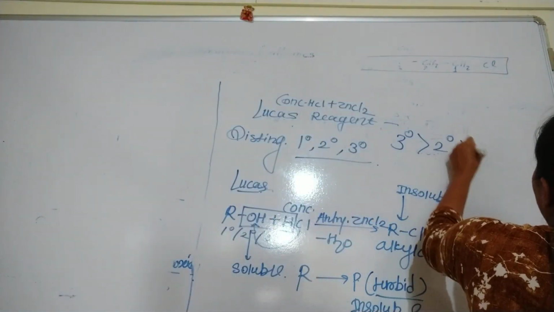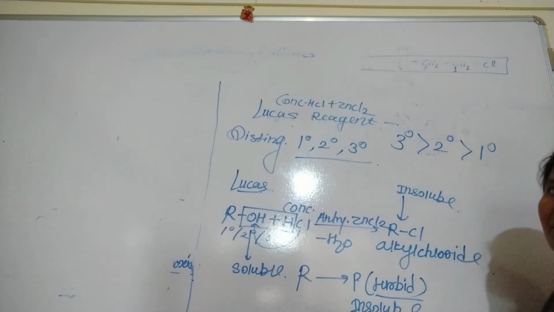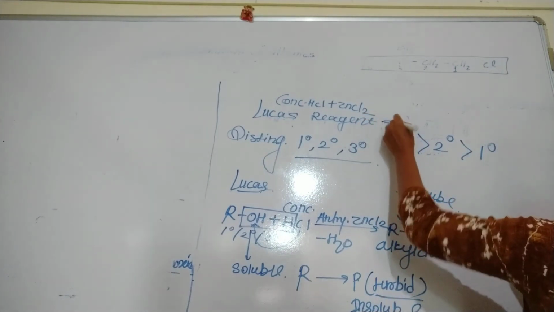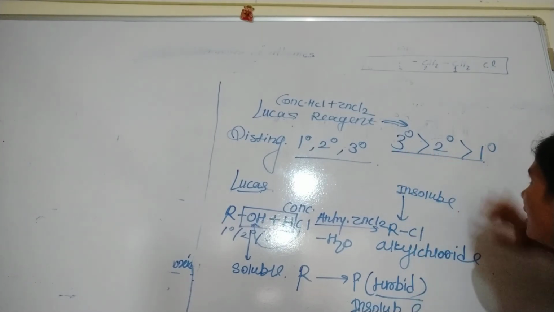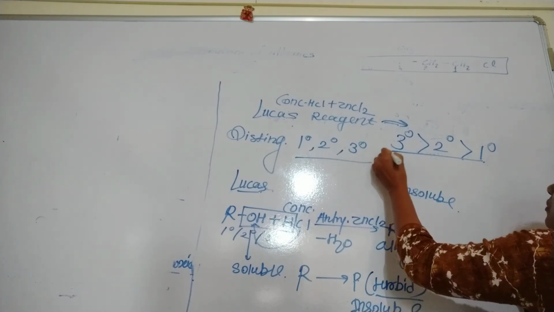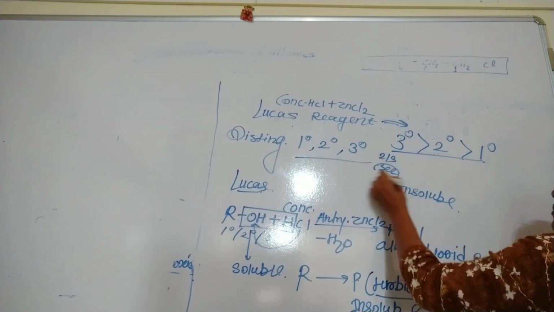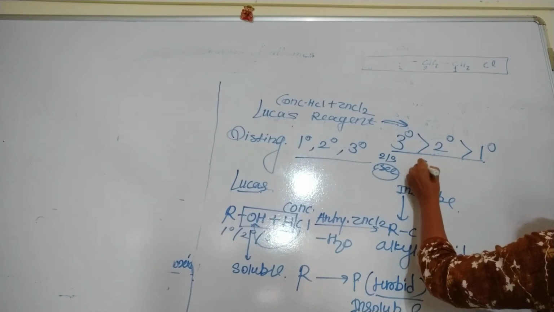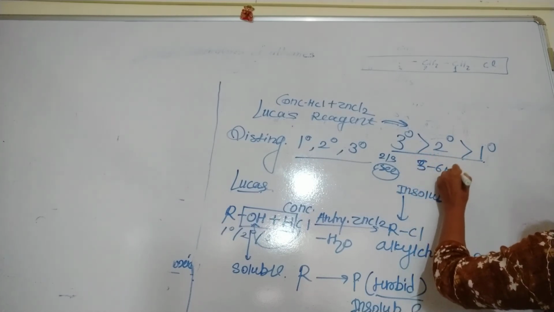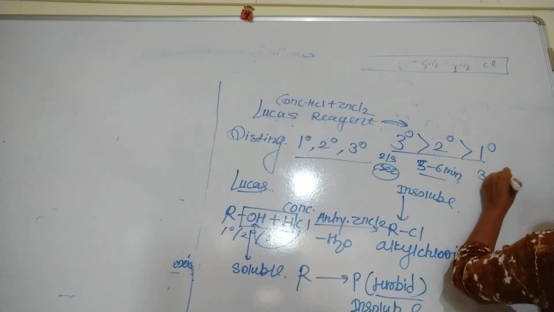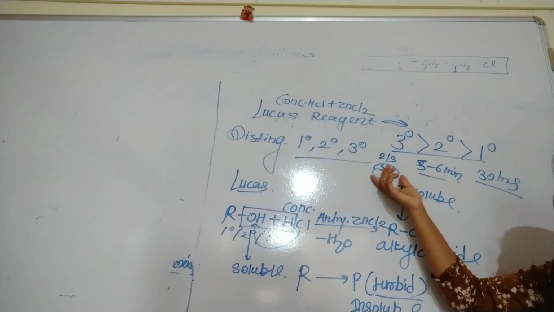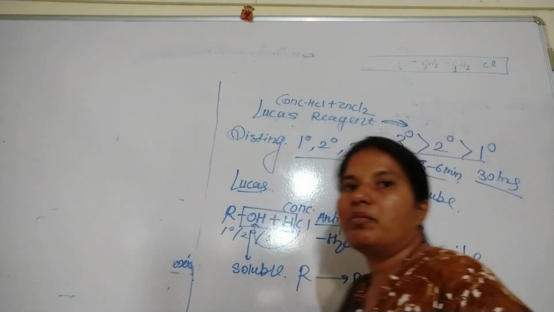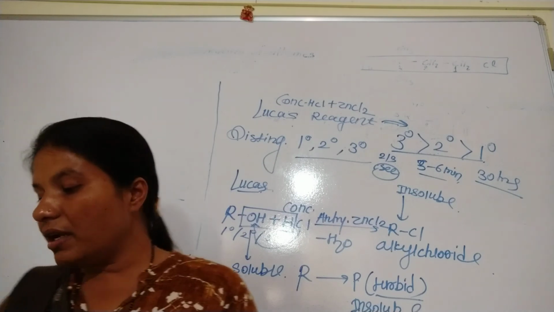Tertiary alcohol is faster than secondary, which is faster than primary, because within 2 to 3 seconds your solution becomes turbid. Here 5 to 6 minutes are required, and here 30 minutes. That means the rate of product formation in the case of tertiary alcohol is maximum as compared to secondary and primary alcohol.